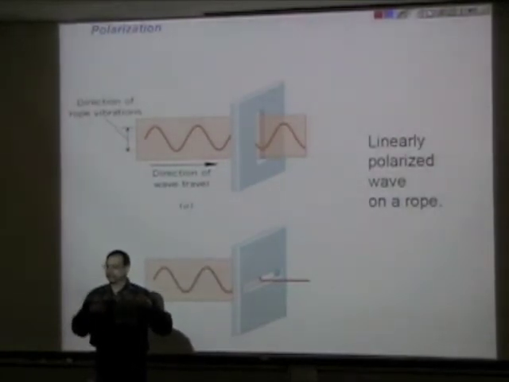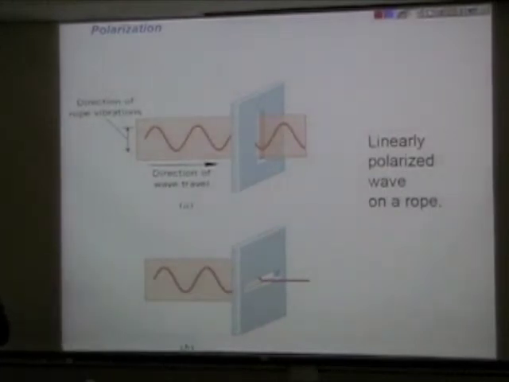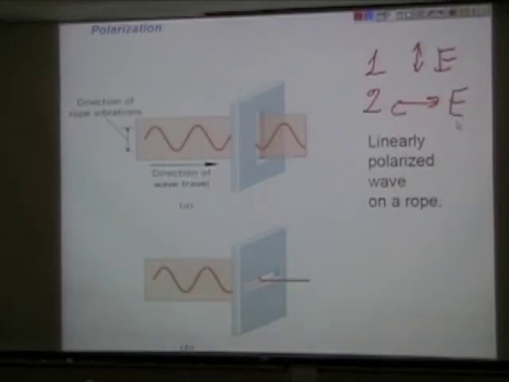Is it vertical or is it horizontal? So, for the vertical electric field, you can press 1, and for horizontal direction, for the electric field in that particular wave, electromagnetic wave, you can press 2.